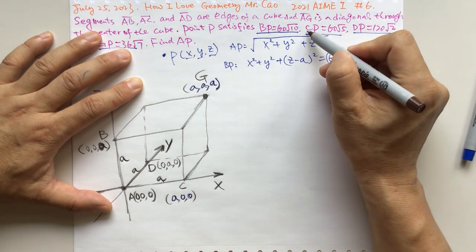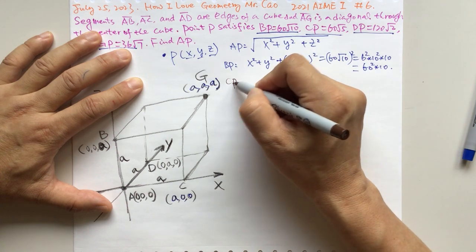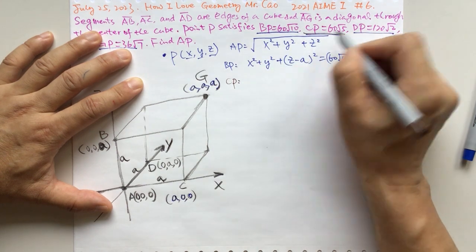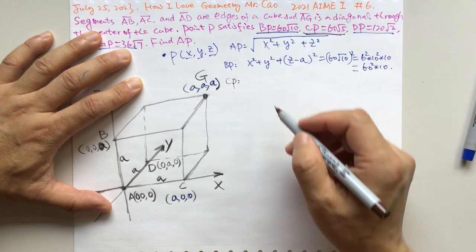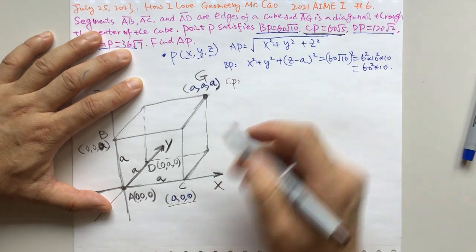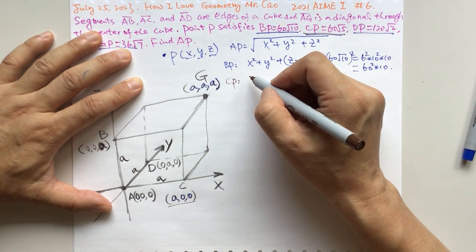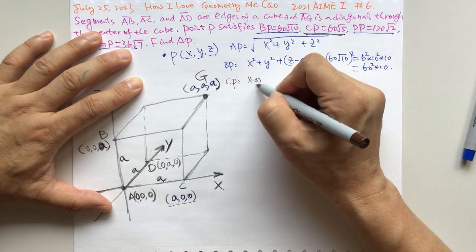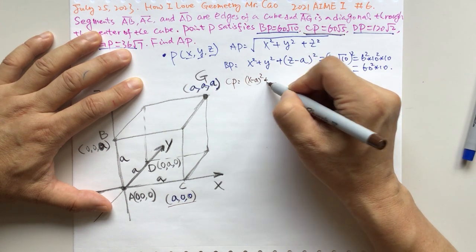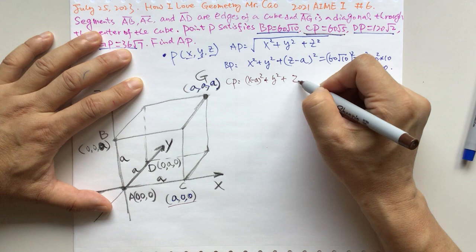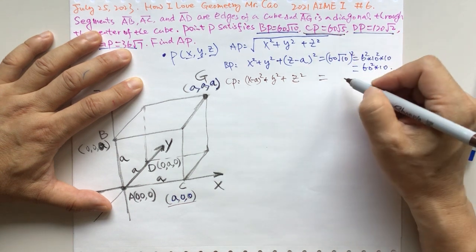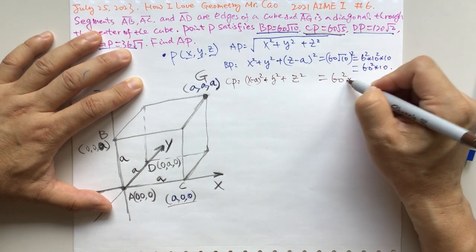Now, same thing for CP. We get (x minus a) squared plus y squared plus z squared equals 60 squared times 5.